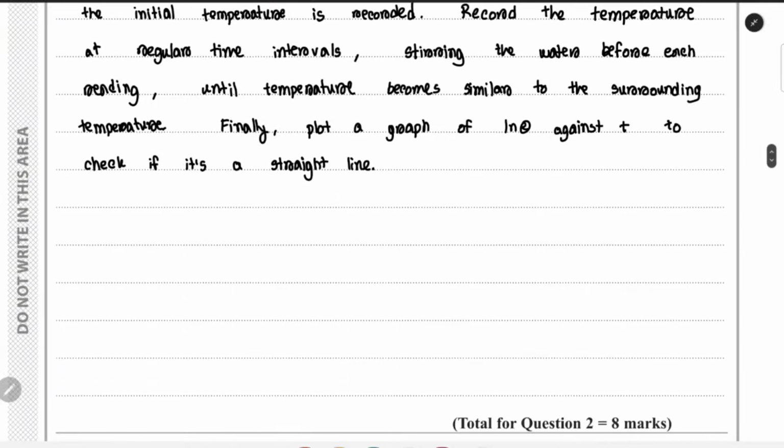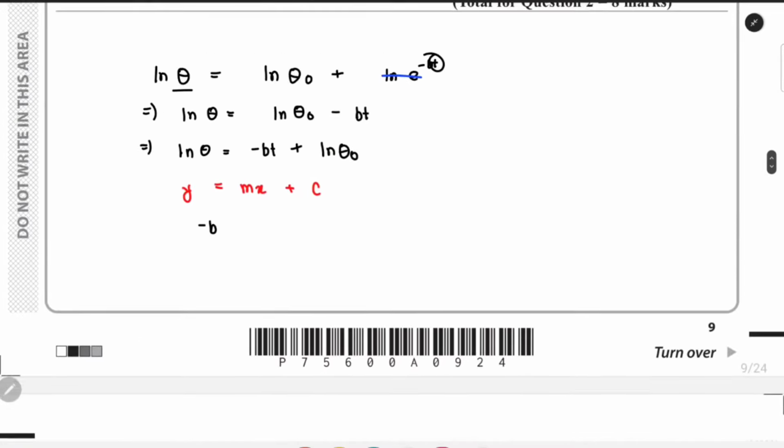It will have a y-intercept at ln theta naught. This is the y-intercept. So it won't be a straight line through the origin, it will just be a straight line.